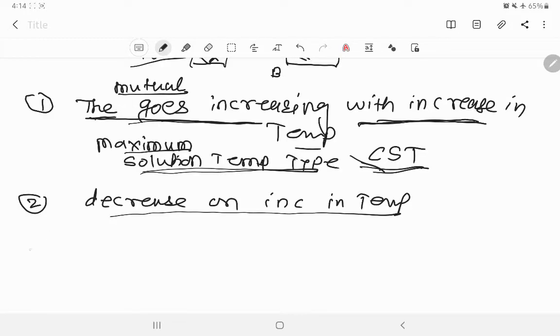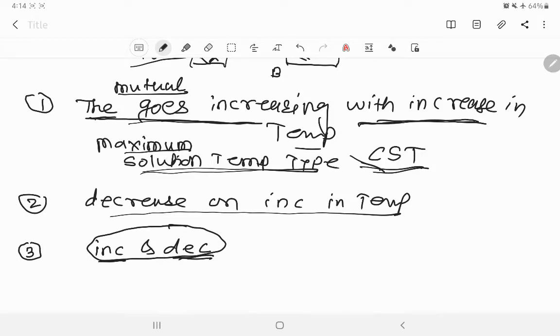And the third type is the pair whose mutual solubility increases as well as decreases. Both happen: initially it increases, then decreases on increasing temperature. It is also called the maximum and minimum solution temperature type.